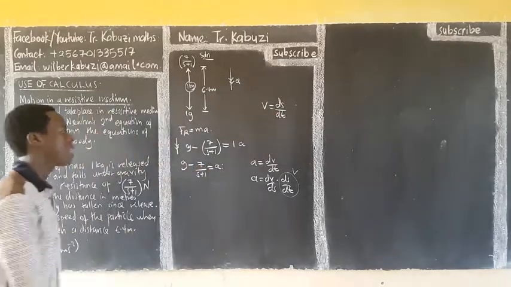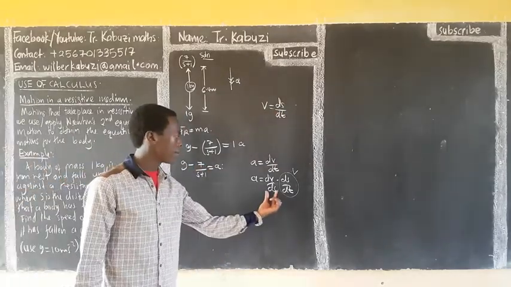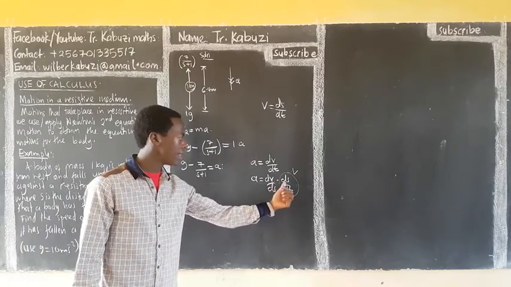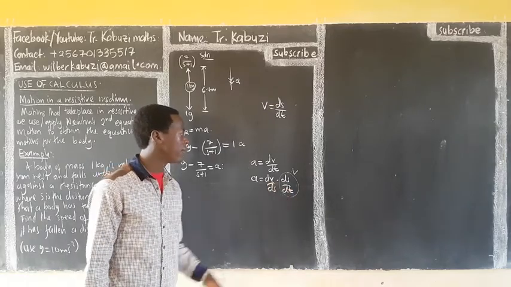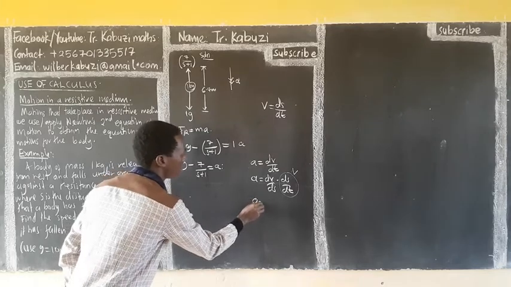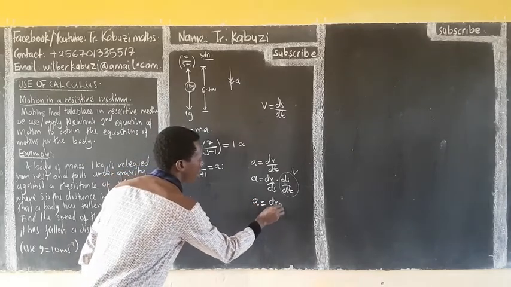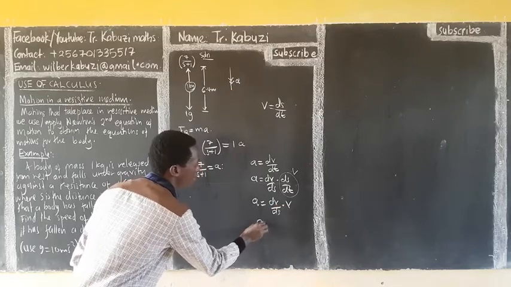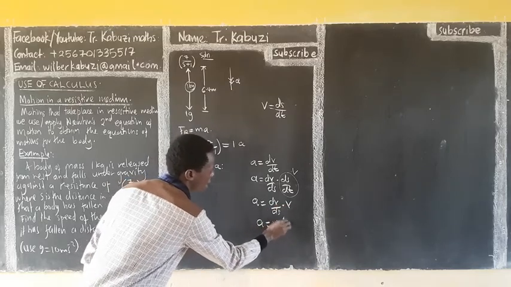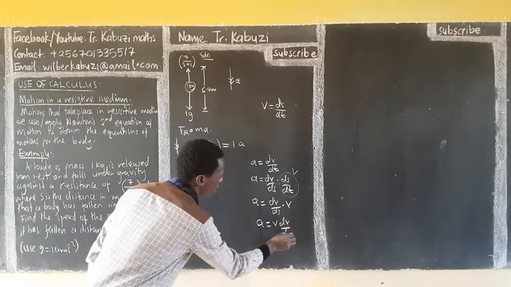As simple as that. So our acceleration is going to be dv ds times v, that is v dv ds.